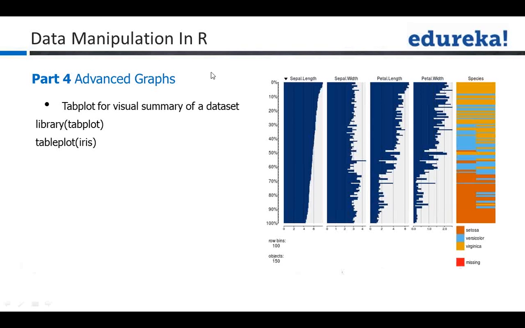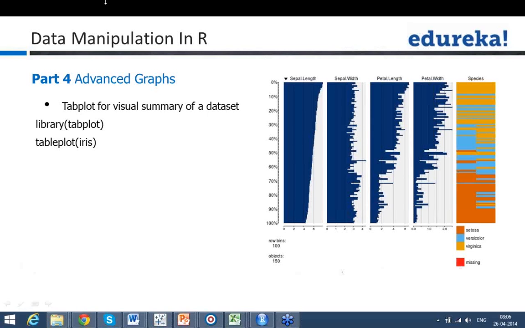Similarly, there is something called a table plot, for which there is a library called tabplot, and again it gives you a visual summary of a data set. And what are we doing here? For each of the 4 values, so you have sepal length, width, petal length and petal width, and you have the 3 species.